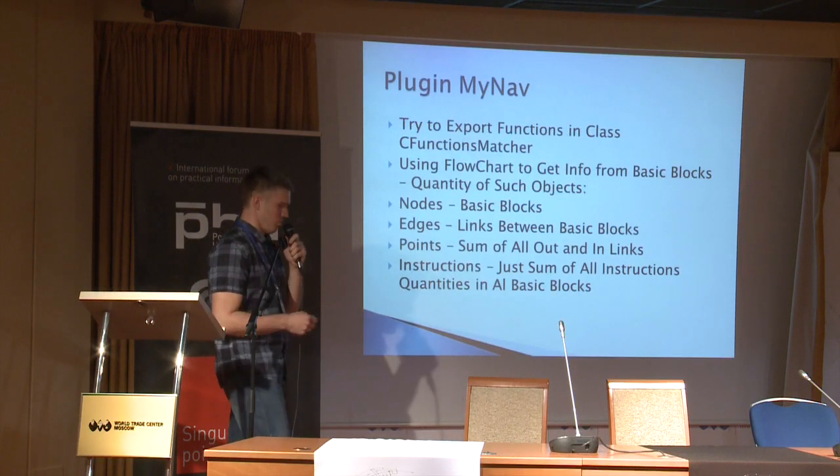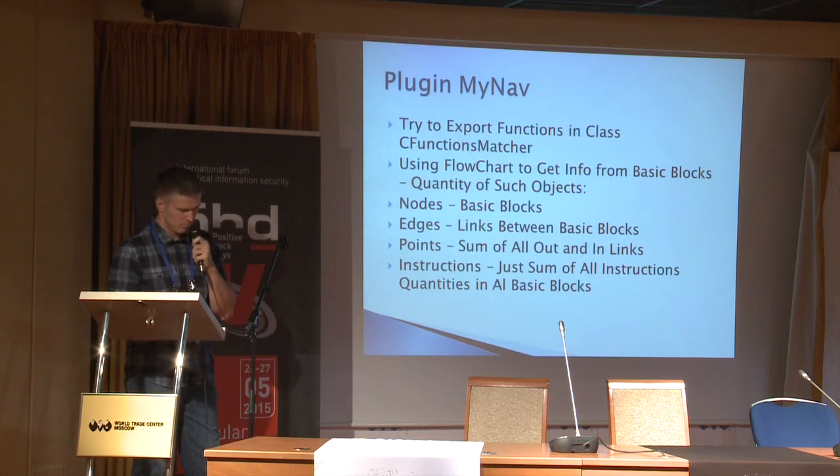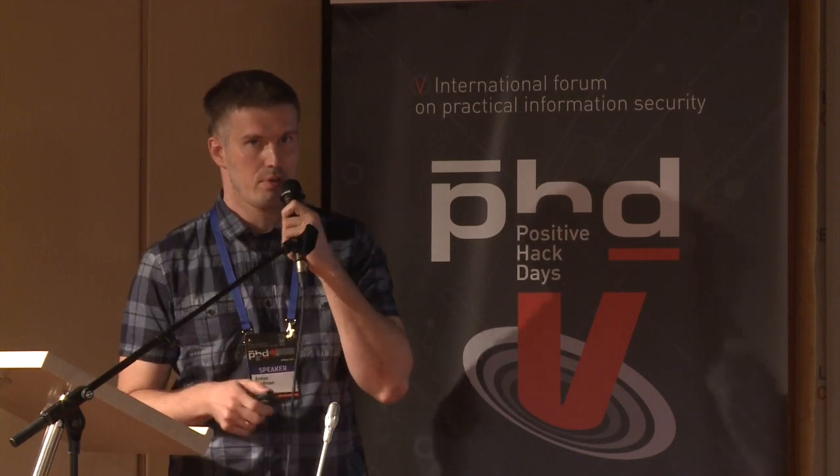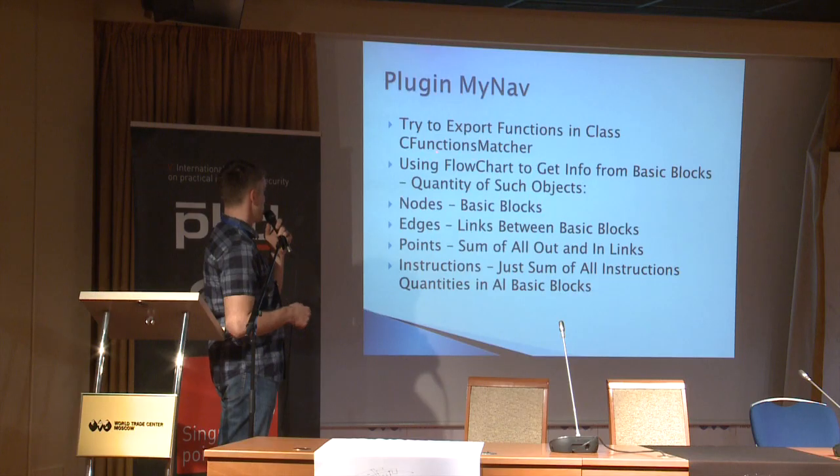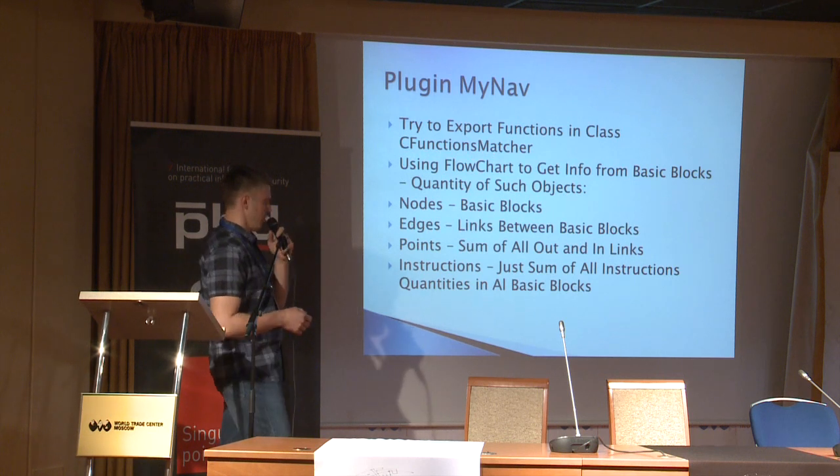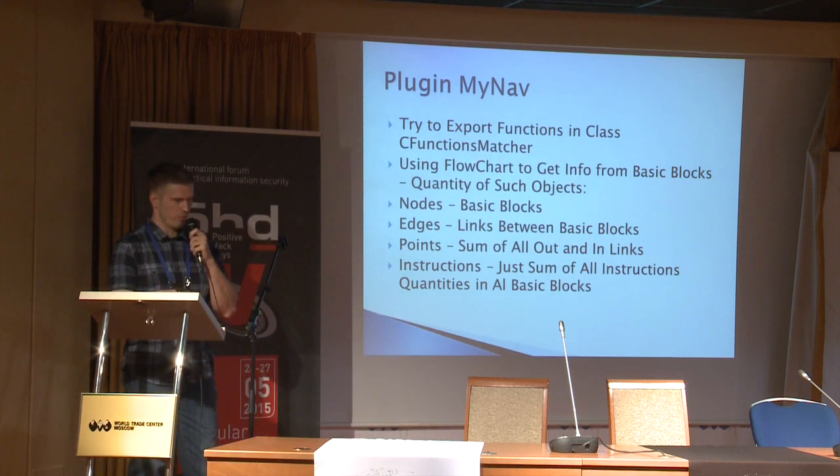Something like that. Out of everything that is available, at least what I was able to see, let's look at what similar functionality can do. For example, there's a plugin, MyNav. It tries to take functions and export them into a class, a functions matcher.